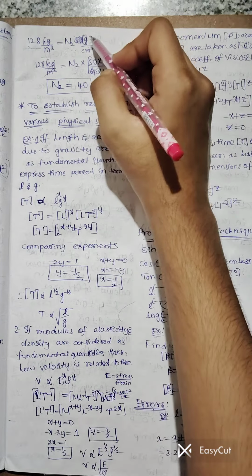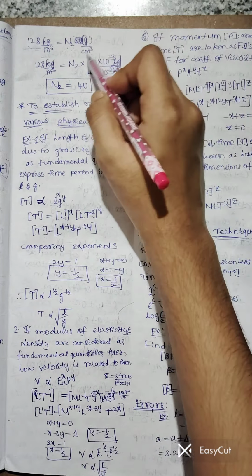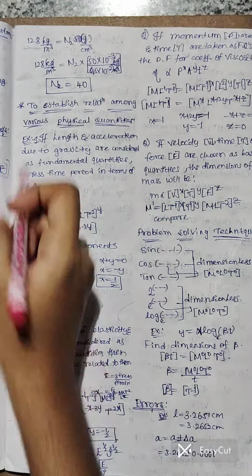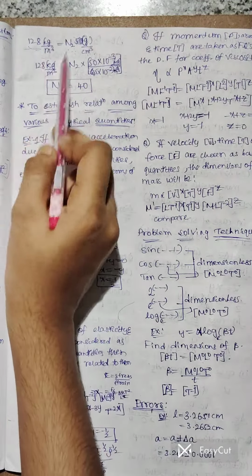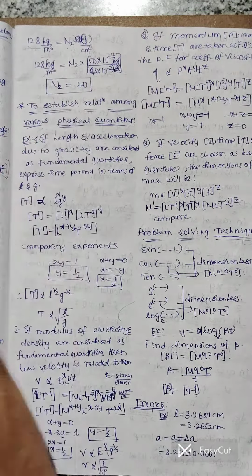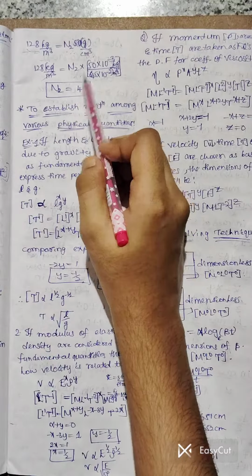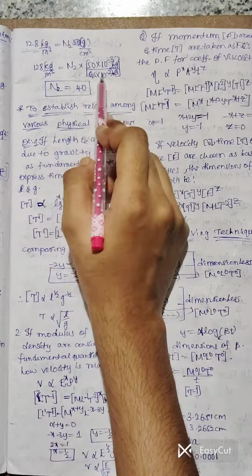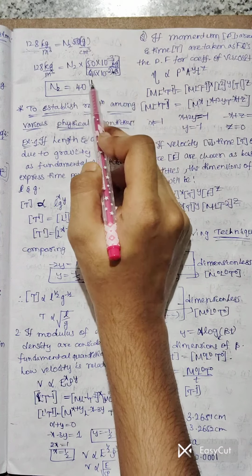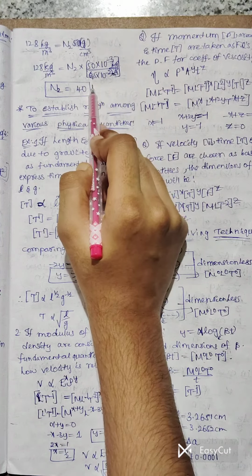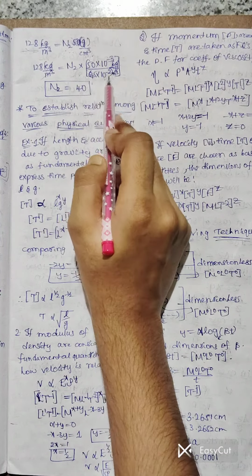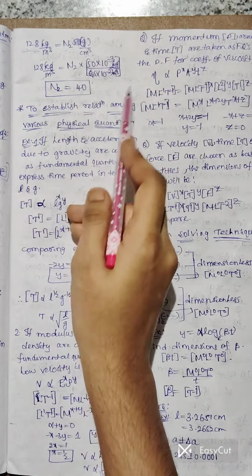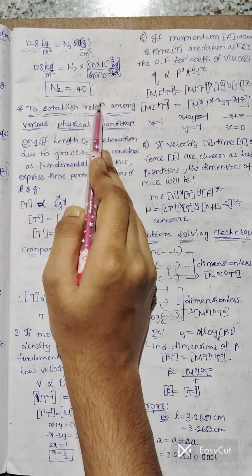As they have given gram per centimeter cube, you have to convert it either into kg per meter cube or convert these into gram per centimeter cube. Both are the same. So n2 into 50 grams, that is 50 into 10 power minus 3 kg, by 25 centimeters, that is 25 into 10 power minus 2 meter, whole cube. Now by simplifying this, we get n2 is equal to 40.